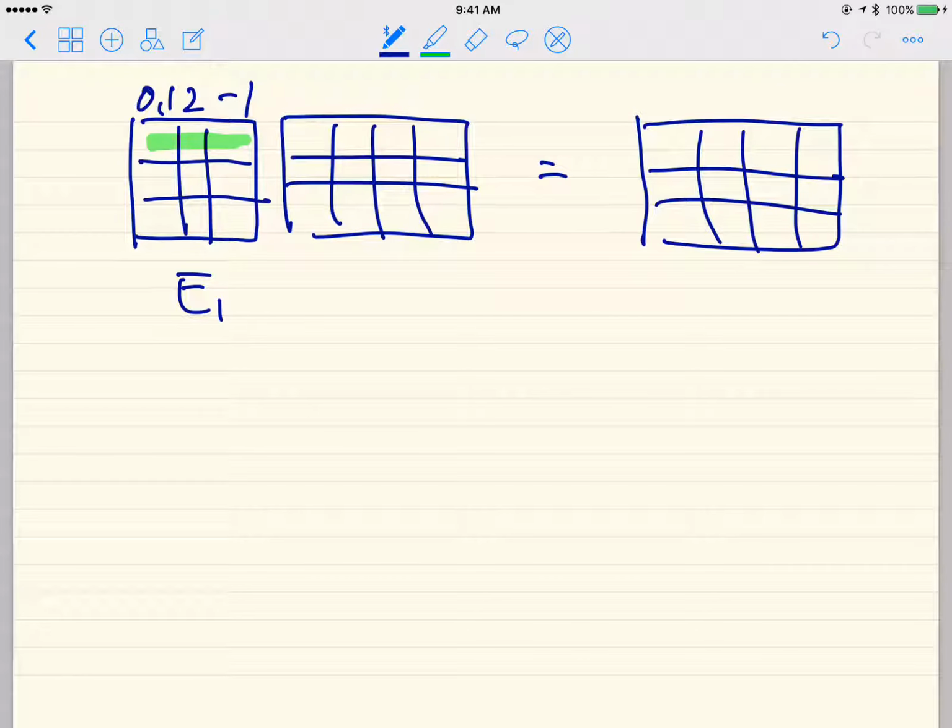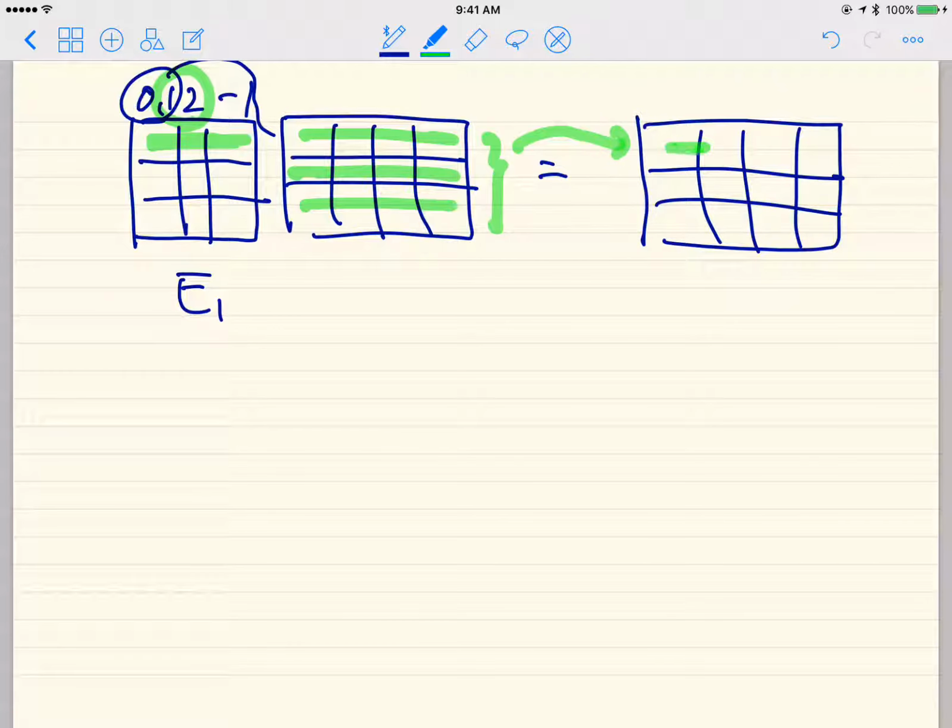This first value will be associated with the first row, and the second value will be associated with the second row and the third row. The linear combination of these 3 rows will form the first row, right? So each row here will work as a linear combination coefficient associated with each row. That's what we learned last time.